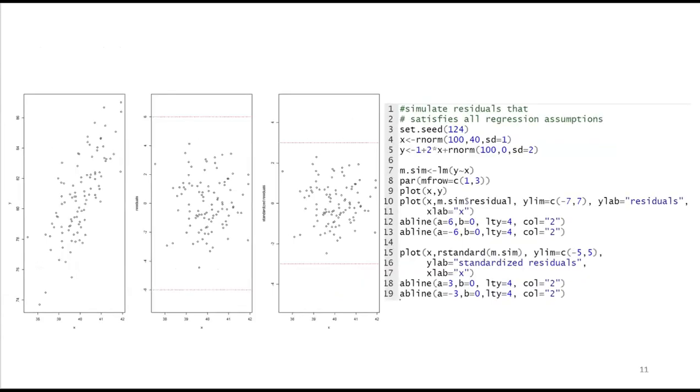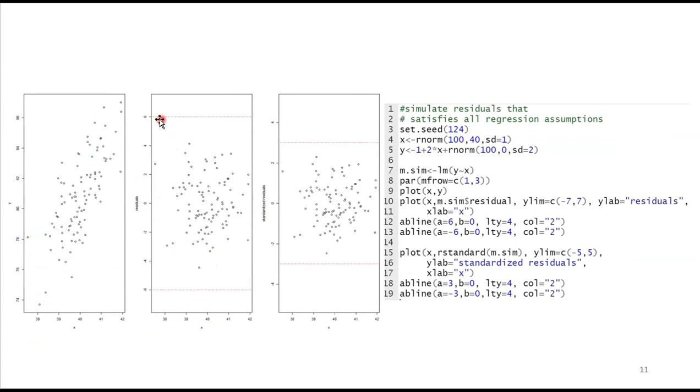All right, to show those features that I've just looked at, let's look at this. I'm going to simulate some data. The first plot here is y versus x, where I've simulated all this data. Then I fit a simple linear regression and output the residuals. Ideally, this is what you should see: residuals plotted against the x-axis.